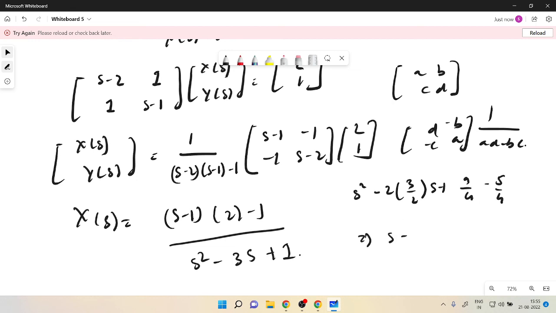This is nothing but s minus 3 by 2 whole square minus 5 by 4.